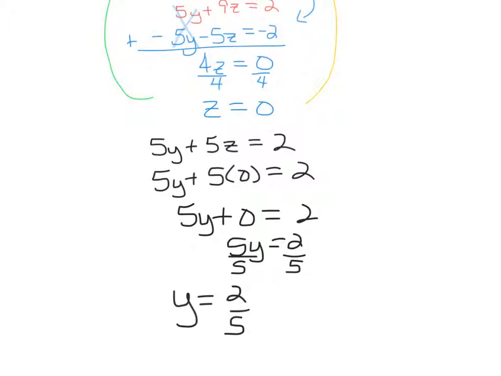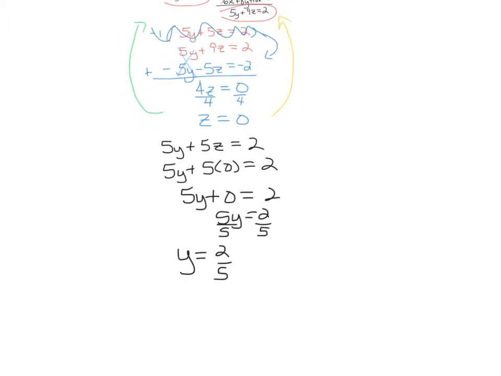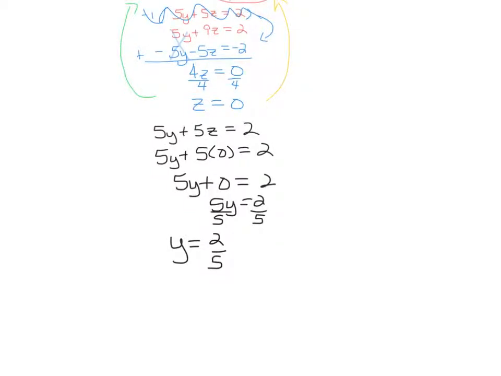I now need to go back to the very beginning and grab one of my equations and plug it in. So I'll take the very first one, doesn't matter which, but this one looks like it's nice and easy. And I'll plug in z and y.